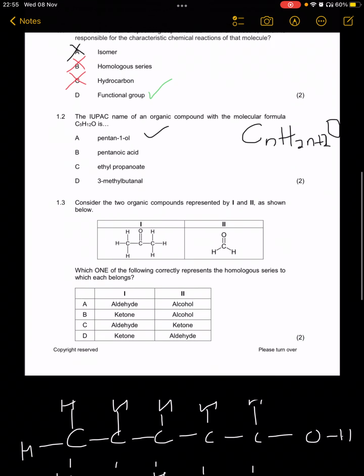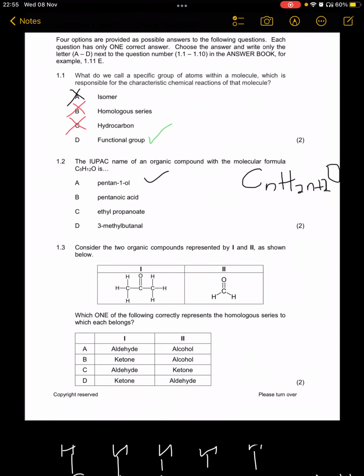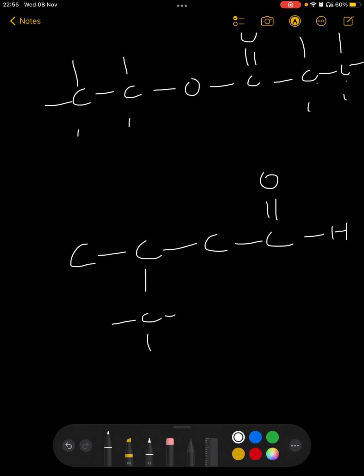And the last option is 3-methyl butanal. How does 3-methyl butanal look? Now, this would be 3-methyl butanal. Butanal, first things first, is an aldehyde, so it means it has a C double bond O at the first carbon. 3-methyl, this would be the third one.